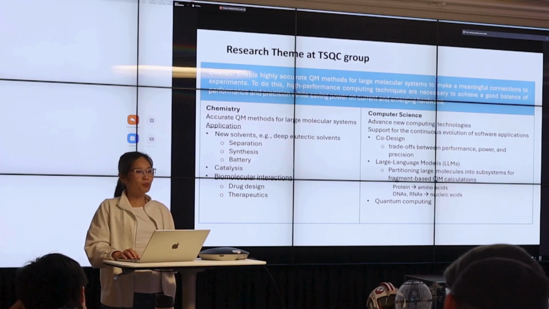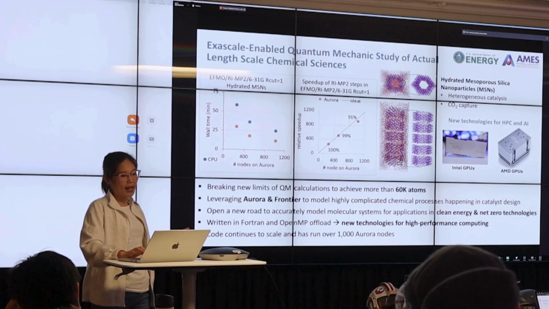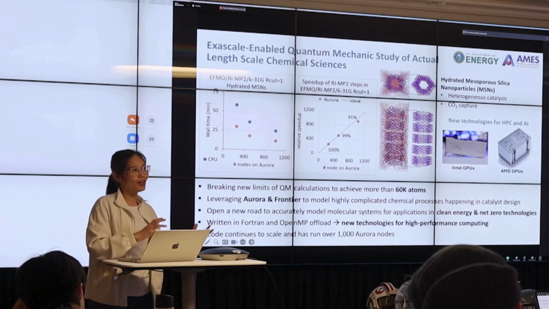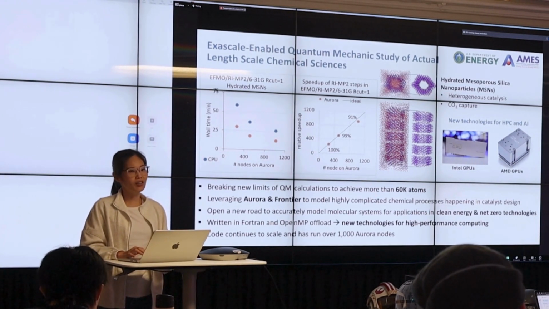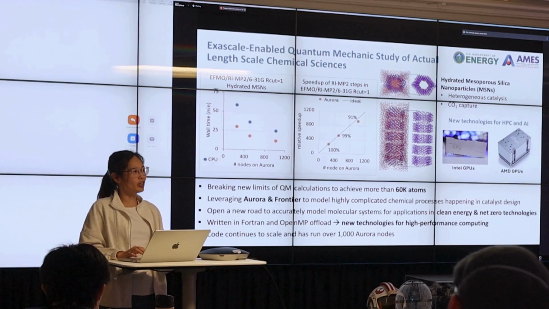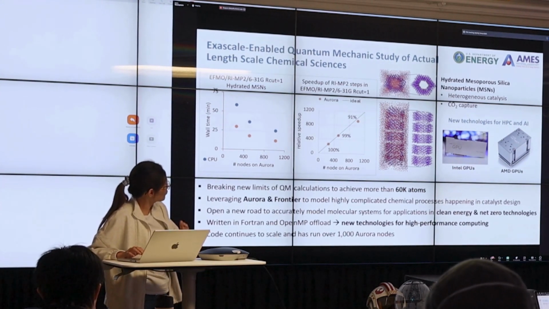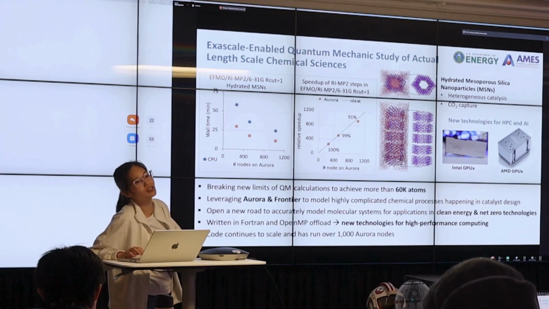For example, trying to port the code to the GPUs, and this is one example where we port the QM code to the GPUs and run it on the DOE supercomputer. This is the first time that we can run quantum mechanics on more than 1,000 nodes.